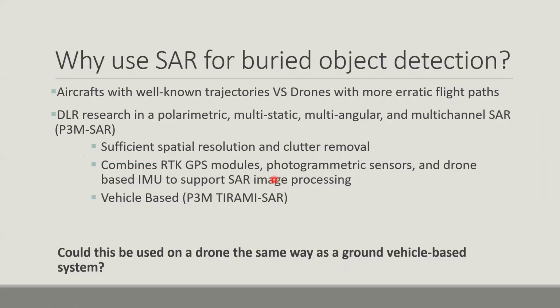So why are we using SAR for our buried object detection? SAR is primarily operated for airborne applications, specifically aircrafts or satellites with well-known trajectories. And because the drones have this more erratic flight path, it's a challenge to adapt the SAR processing for this type of flight path.